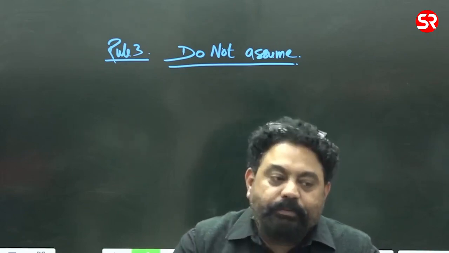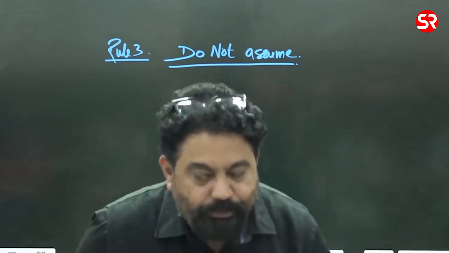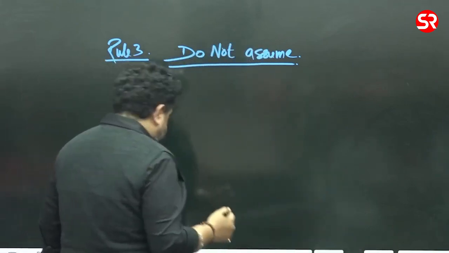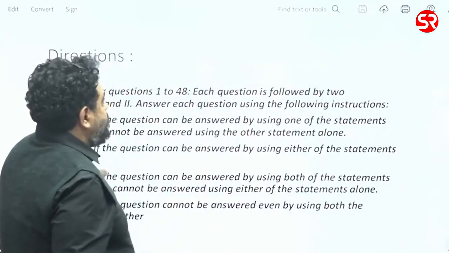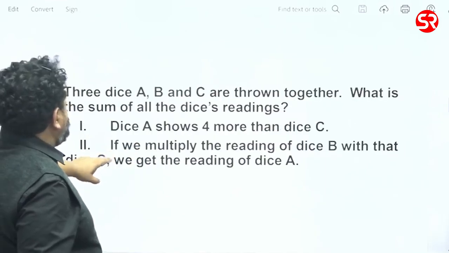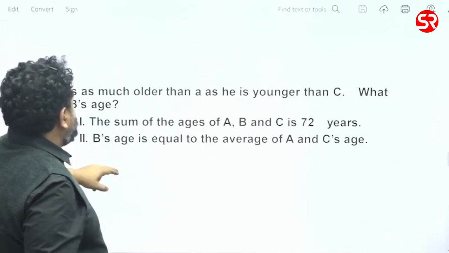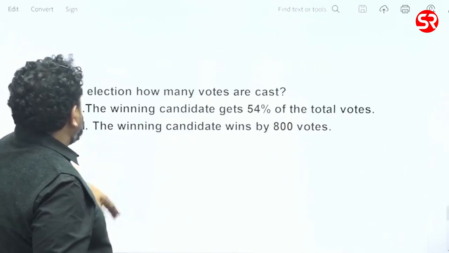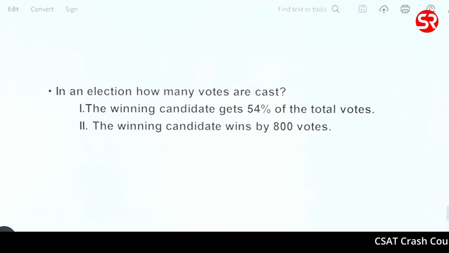All right. So what I mean to say is something you would understand with an example only. Before the example, you may not even get it. So I say, question: in an election, how many votes are cast?